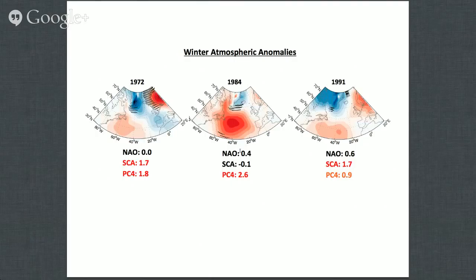In fact, 1972, 1984, and 1991 are some kind of combination of the Scandinavian pattern, the second mode, and the fourth mode.